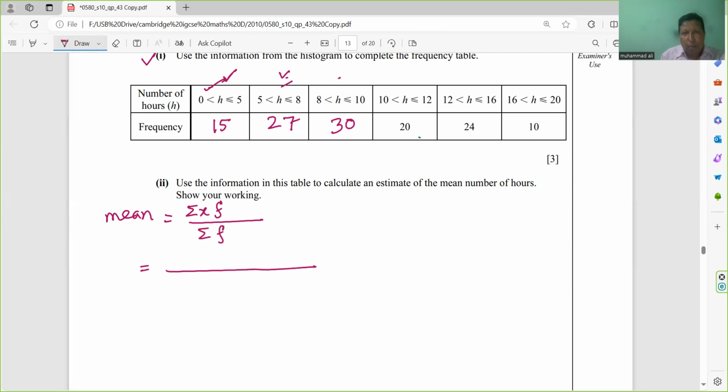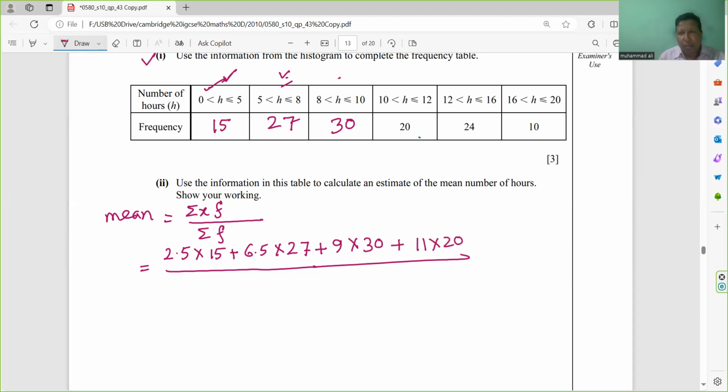So the midpoint of 0 to 5 is 2.5 multiplied by 15, the 5 to 8 midpoint is 6.5 multiplied by 27, the 8 to 10 midpoint is 9 multiplied by 30, the 10 to 12 midpoint is 11 multiplied by 20, the 12 to 16 midpoint is 14 multiplied by 24, plus the 16 to 20 midpoint is 18 multiplied by 10, divided by the total frequency. If we add all of these, we get 126.